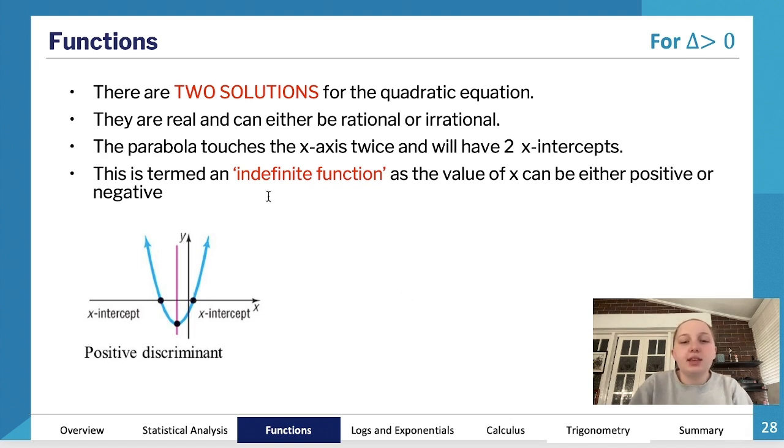And then this is what you call an indefinite function, because the value of x could be positive or could be negative. You could have two positive x-intercepts, you could have two negative x-intercepts, one negative, one positive. Just means if your discriminant is greater than 0 that you're going to have two solutions.